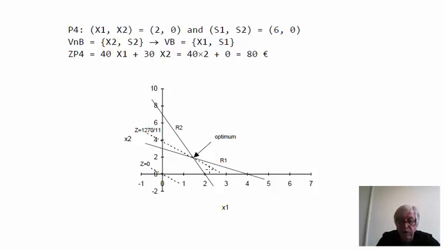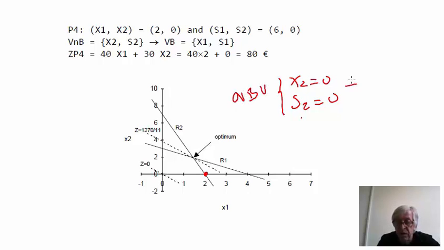What we know about this point is that x2 is 0, and we are in line 2. In line 2, we are using the resources completely, so we must have s2 equal to 0. So these are my non-basic variables. If I set them equal to 0, I can extract the value of the other two.